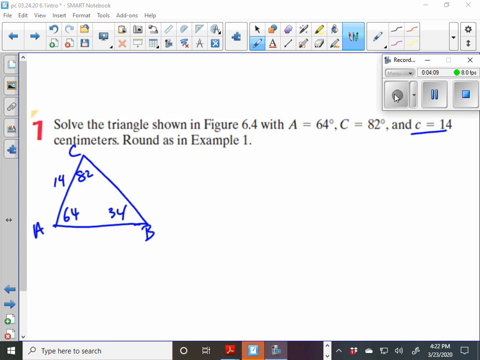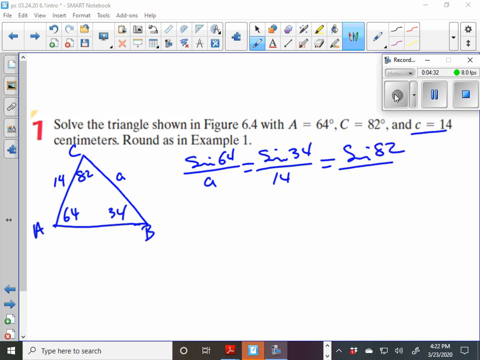Now, I don't know if you actually need the picture, but from there, we go ahead and start going sine of 64 over a, because that's A, equals sine of 34 over 14 equals sine of 82 over b, where this is side b.